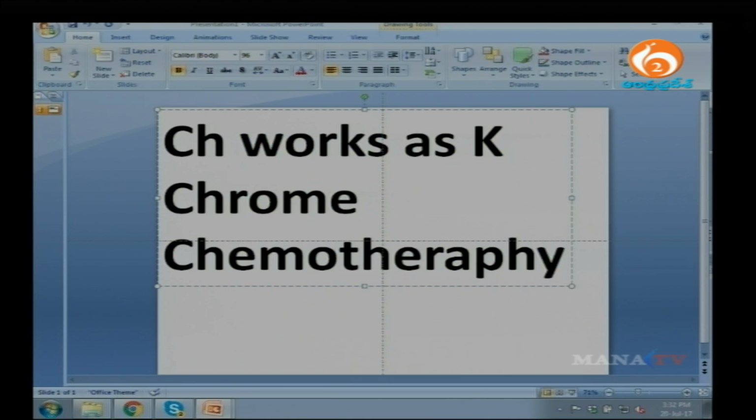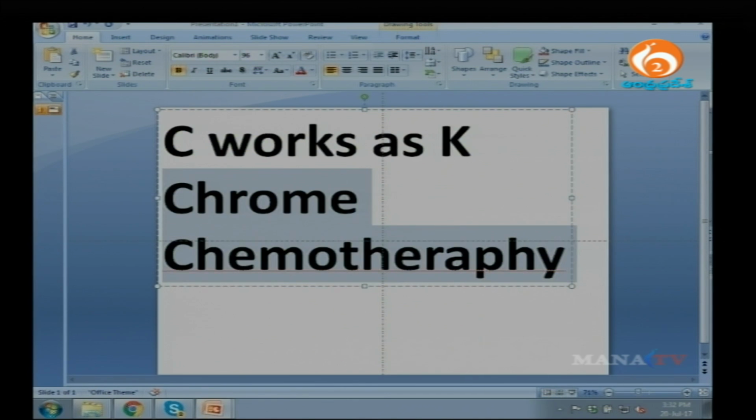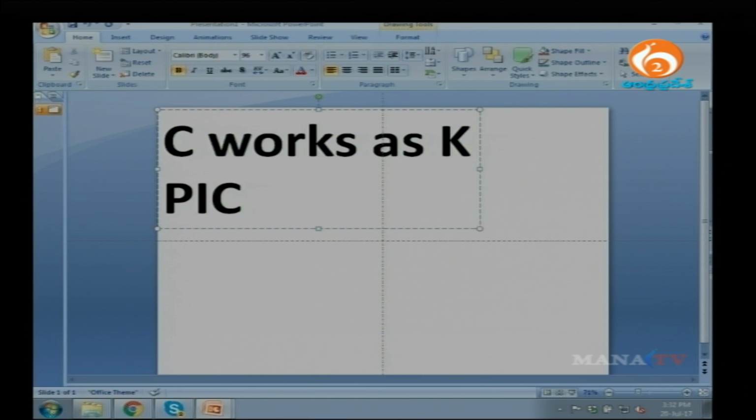When we have chemotherapy, it's CH, but it carries the function of K. One of the people in the studio just gave me a brilliant example. There are two C's in this word, but both C's carry the function of a K: picnic.